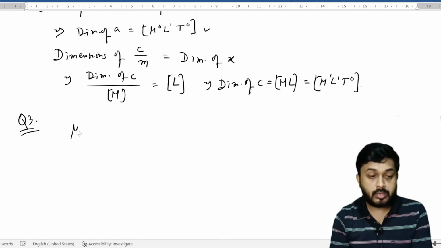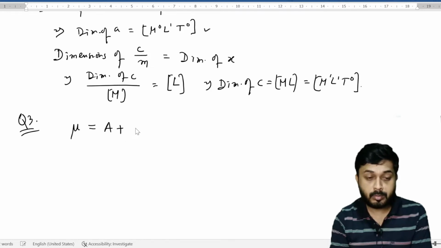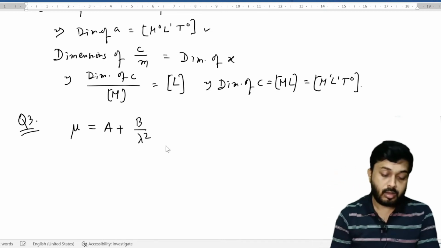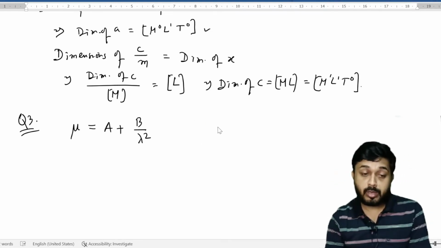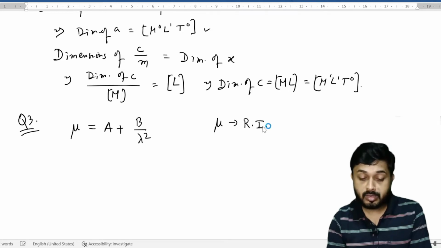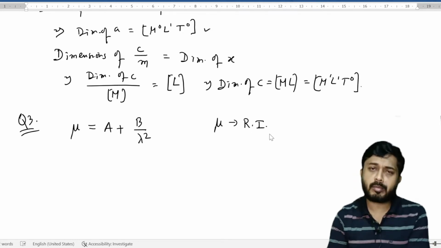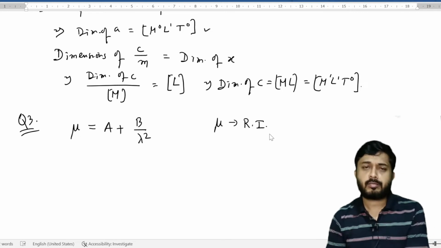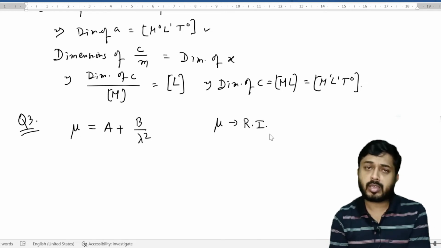Question 3. It is given that a constant mu is equal to a plus b by lambda square, where mu is nothing but the refractive index, which is necessarily a dimensionless quantity. That is what I have told you already in the first video.